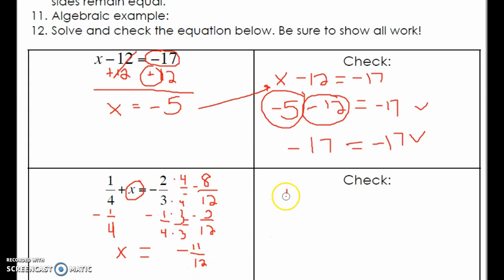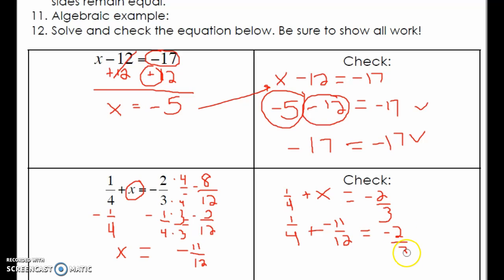Okay, so if I have 1/4 plus x equals negative 2/3, I have 1/4 plus negative 11/12 equals negative 2/3.